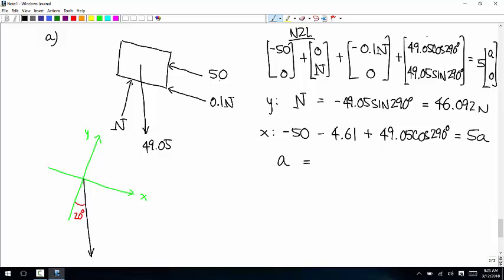And so A is equal to negative 5.72 meters per second squared.